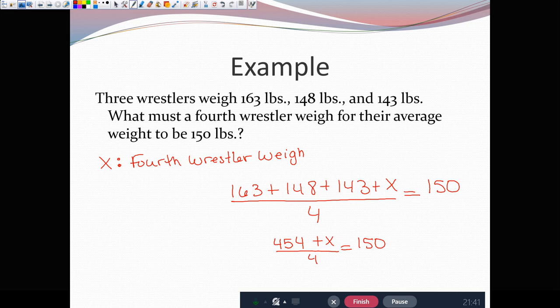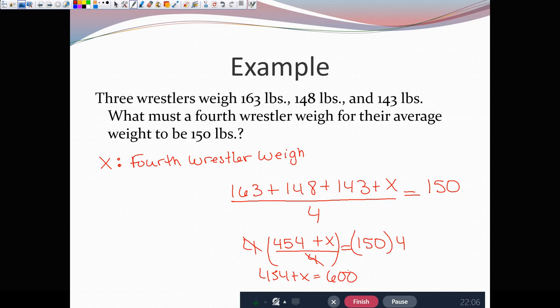I'm going to eliminate my fraction by multiplying by 4. So my 4's over here cancel out. So then I have 454 plus x equals 600. Okay?